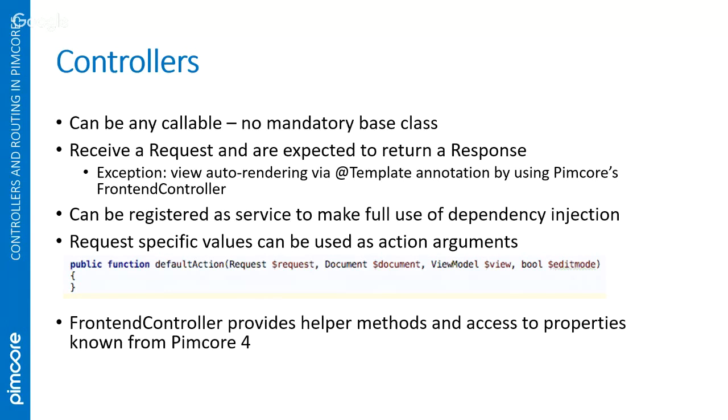This can be a JSON response or a plain HTML response, as we saw in the last templating webinar, with an exception: there's the template annotation or the template auto rendering, which you saw last time. This reacts on a controller not returning a response and automatically injects a render template. But besides that, all controllers need to return a response.